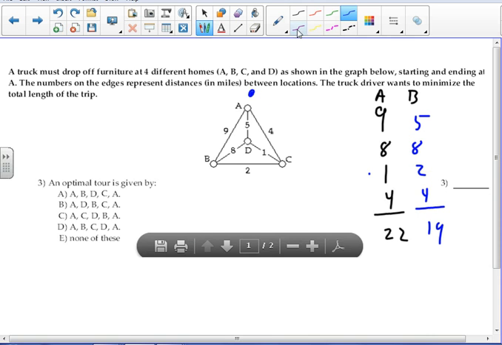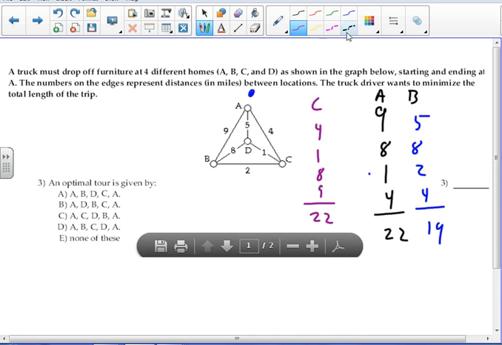And then I do it again. So my C answer says I start at A, I go to C for 4, and then D for 1, and then B for 8, and then A for 9, 22 again.